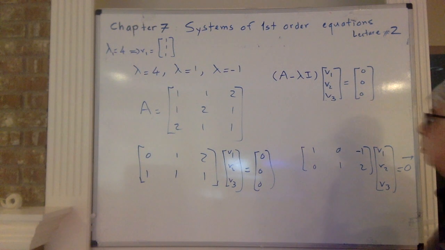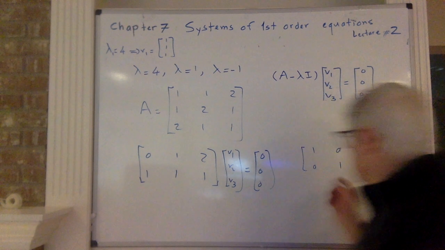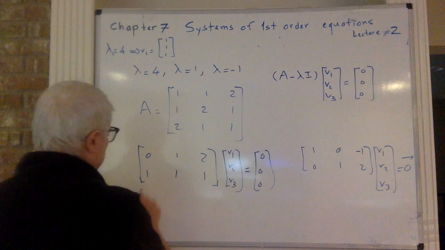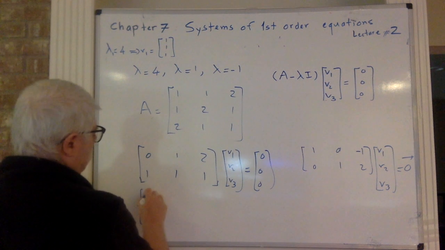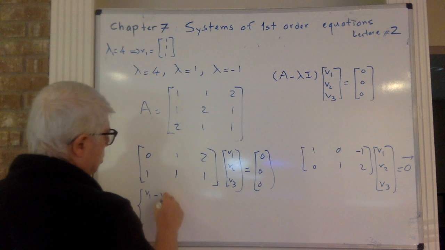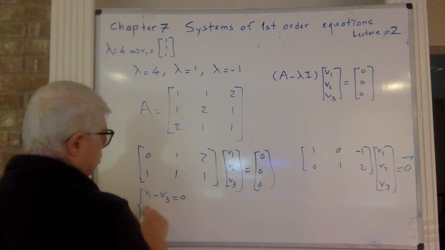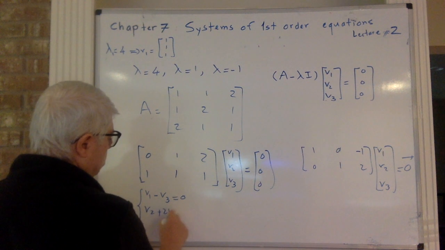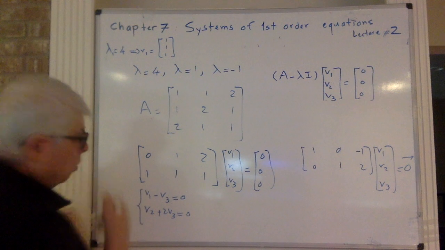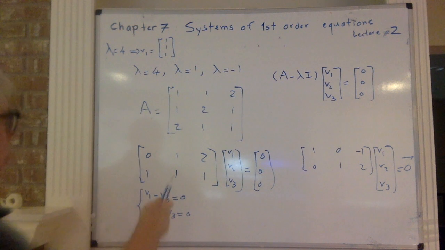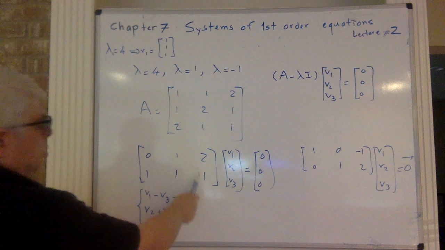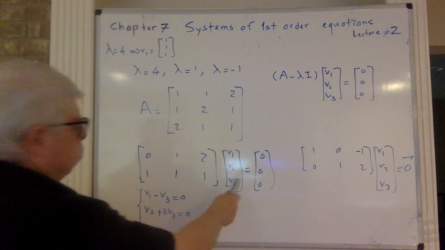So that gives me v1 minus v3 is 0, and v2 plus 2 v3 is 0. Well, v3, but in the notes I'm not sure if that's minus.